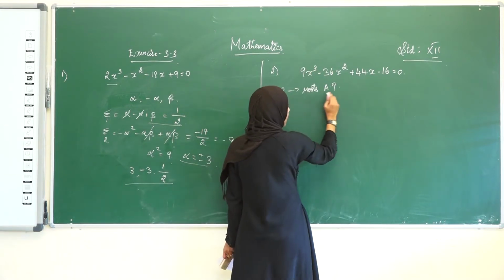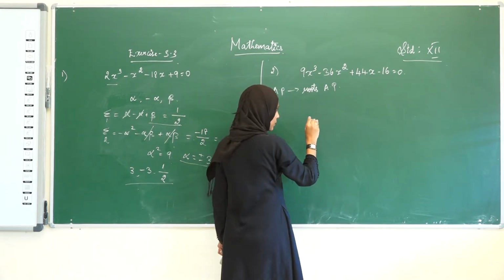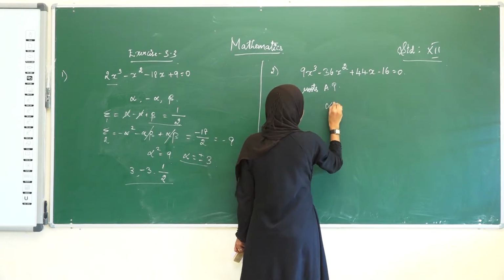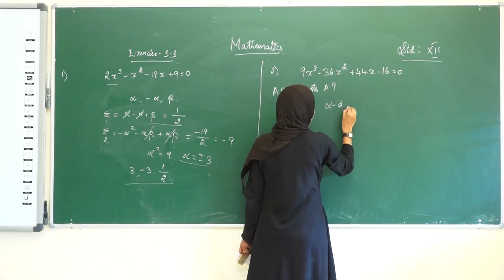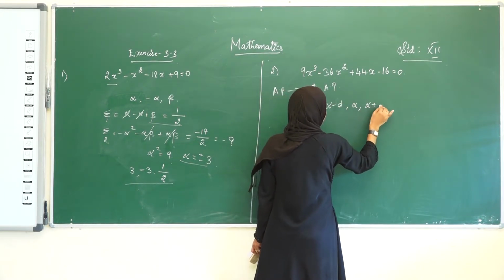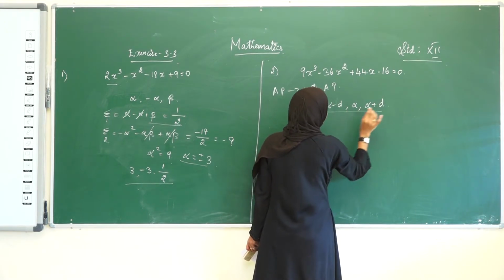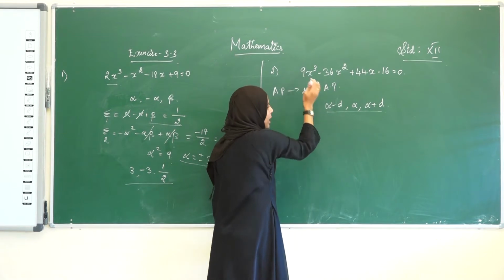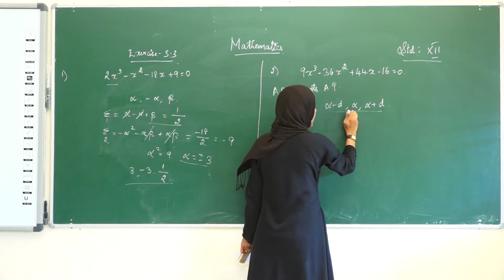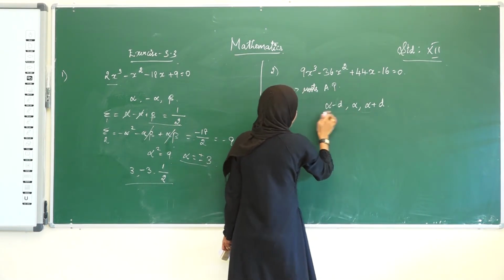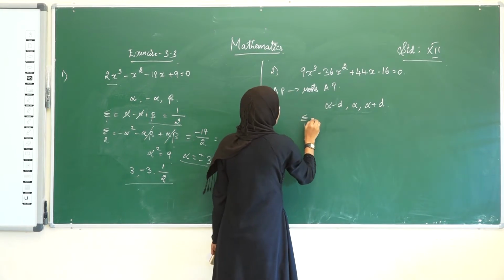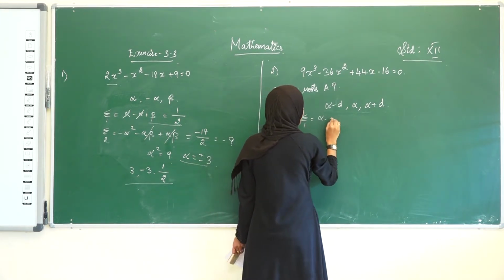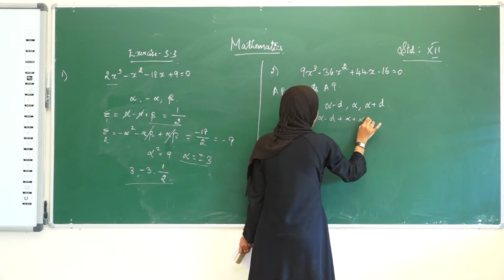See, in AP, the common terms will be alpha minus d, alpha, alpha plus d. This we are going to take as the roots of this cubic equation. Since it is a cubic equation, we are taking 3 roots: alpha minus d, alpha and alpha plus d. From this we are going to find. See, summation 1 is equal to the sum of the roots, alpha minus d plus alpha plus d.